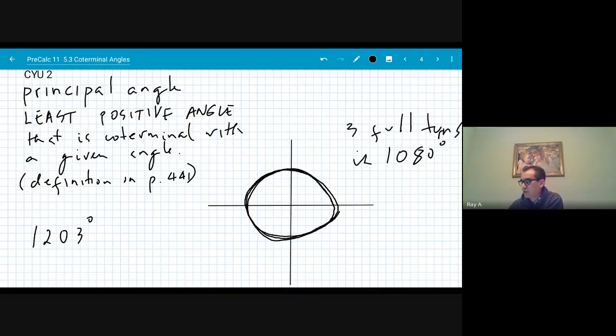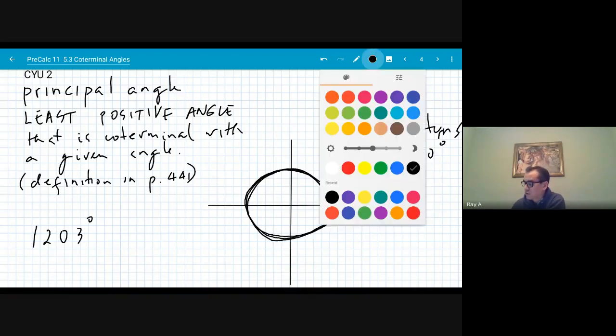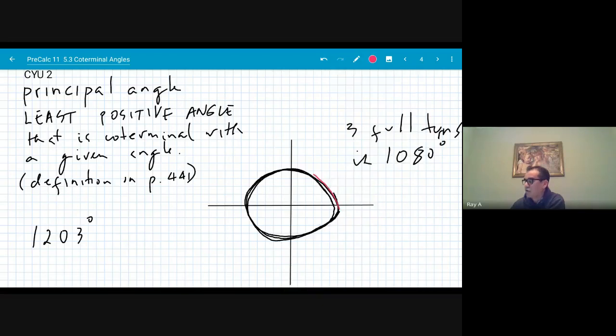Now you have to understand that if you go another full turn, you add another 360, it is going to go beyond 1203. So you just have to go some more to get 1203. So from 1080, if we continue, I'll use a different color now, for another 90 degrees, 1080 plus 90 is 1170. So I still need some more, probably here. There is the terminal arm.